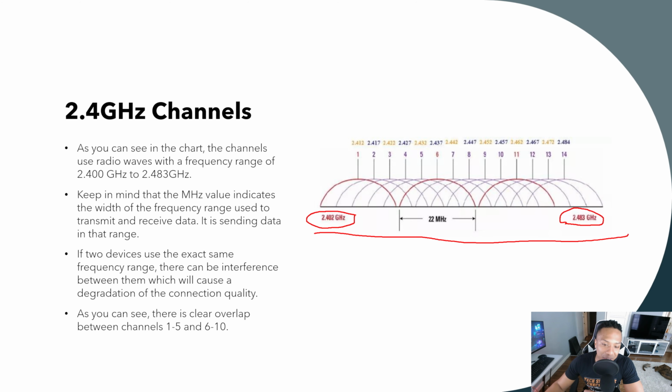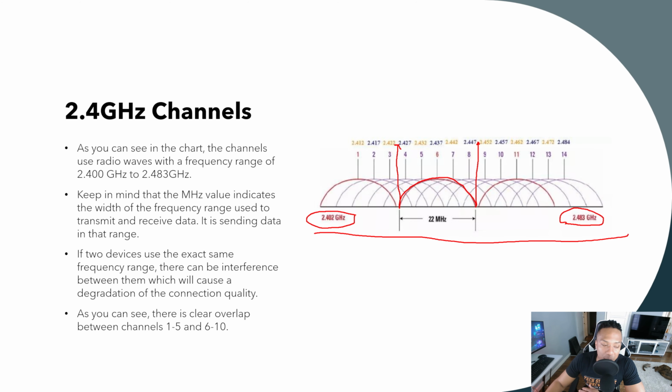Okay, so the next thing we have to understand is that each channel is 22 megahertz. If we look at channel 6 here, the width of this is 22 megahertz. I don't think when I took the exam I had any questions related to that, but it is very important to understand exactly what's going on here.